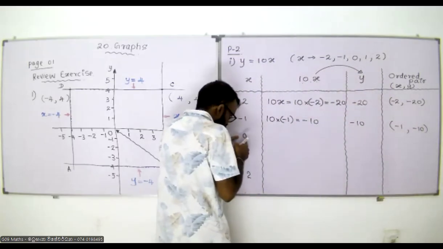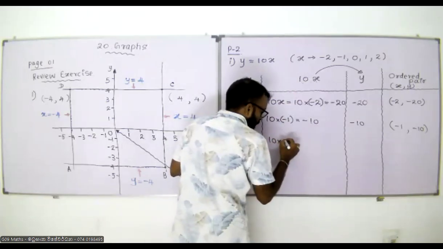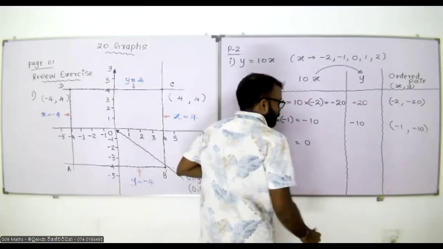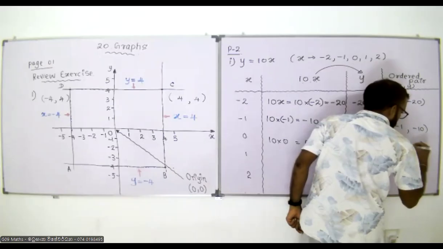Likewise, for 0, 10 multiplied by 0, the value is 0. So y becomes 0. So the ordered pair is 0, 0.